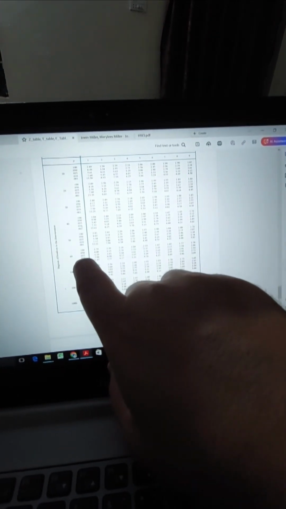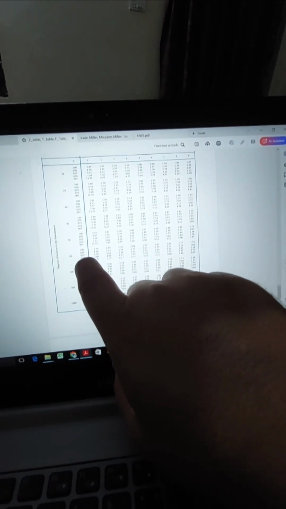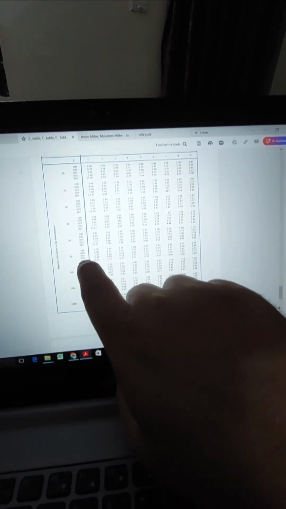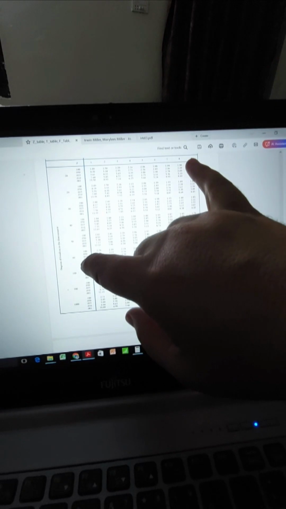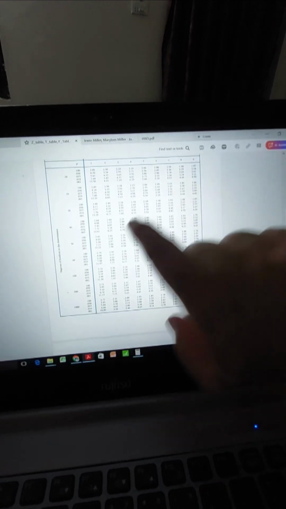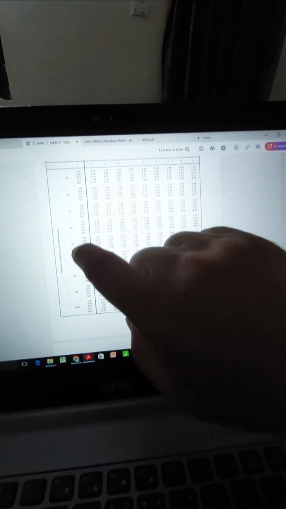If we see the top of the page, this is for the 60 denominator, and we need to find the fourth one. The numerator goes up to 9. On the next page the denominator will remain the same, but the numerator will change. So it is first, second, third, fourth, fifth and sixth, and in the sixth we need to find the fourth one. So let's go page down.